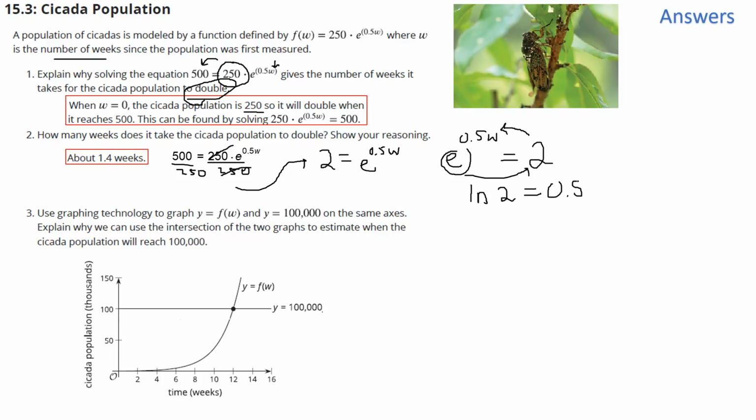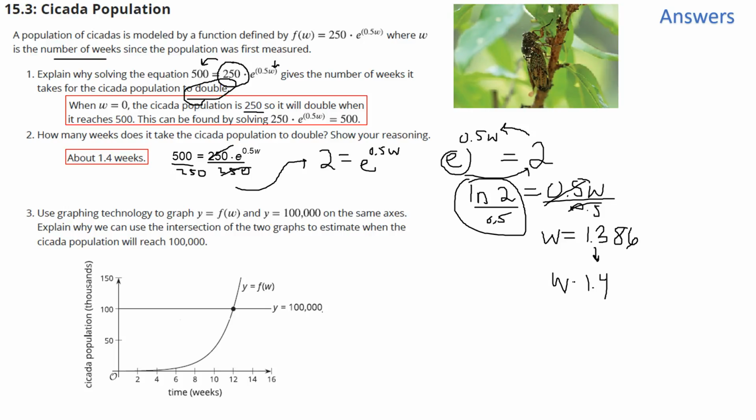If I wanted to find what w equals, I would divide both sides by 0.5, and these 0.5s divide out, so I'm left with w is equal to, and you just put this into the calculator: natural log of 2, close parentheses, divided by 0.5, and you get about 1.386, which will round up to 1.4. So that's why the answer is about 1.4.